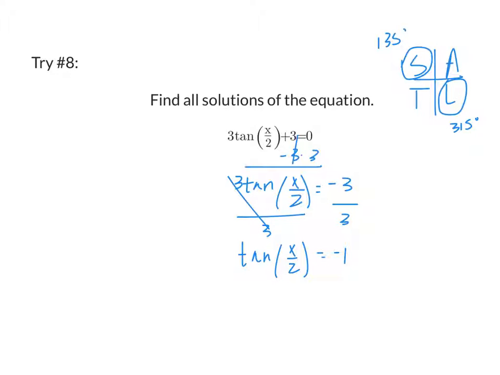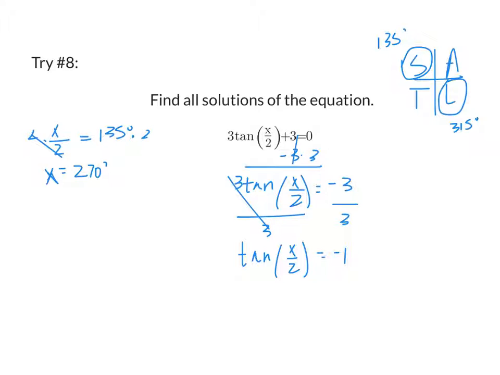However, the issue is that this is not a regular tangent function. It's a tan x over 2 function. So I have to take that x over 2 and set it equal to 135 degrees. That means I have to multiply both sides by 2, and so x is going to equal 270 degrees for the first one.